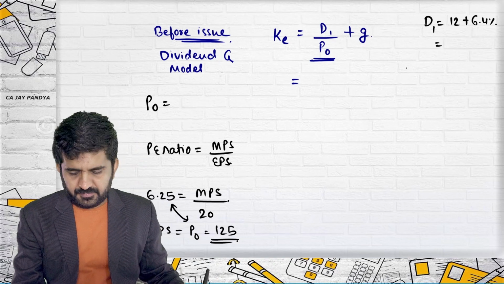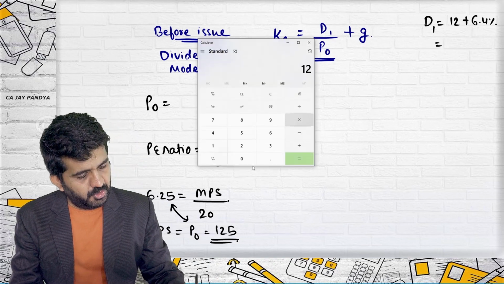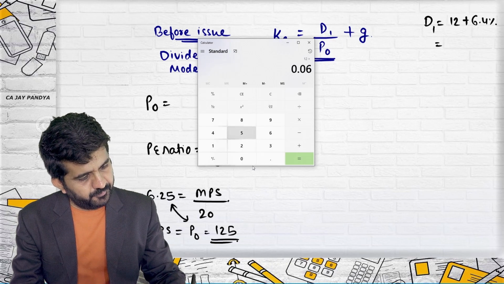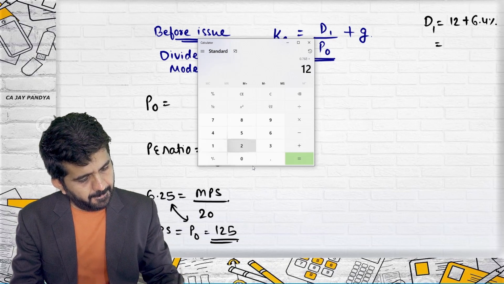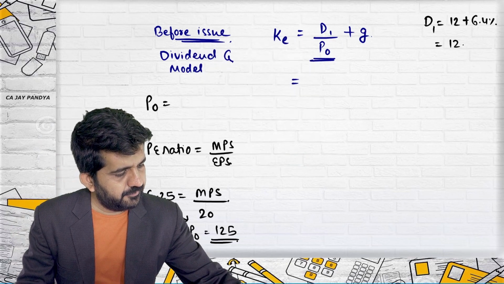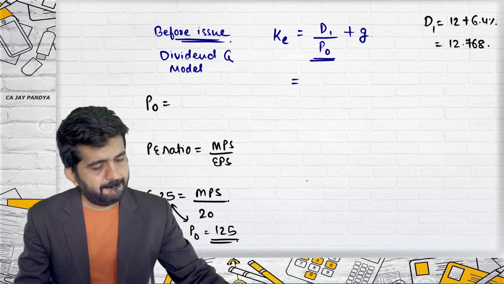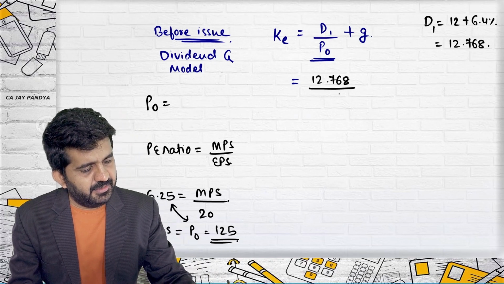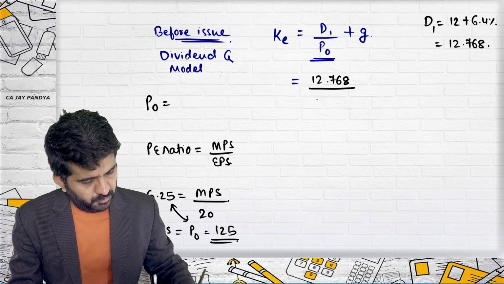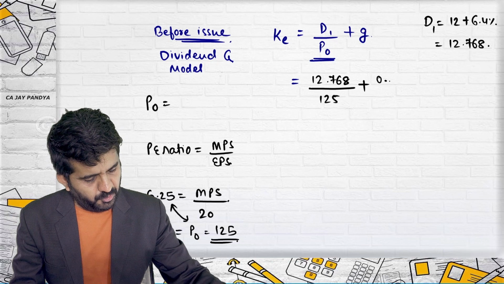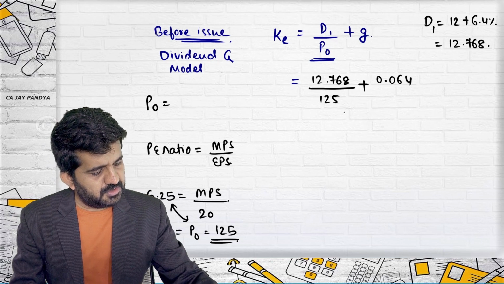It is 12 into 1.064, 12.768, which will be D1. 12.768 divided by P0, 125, plus G, 0.064.